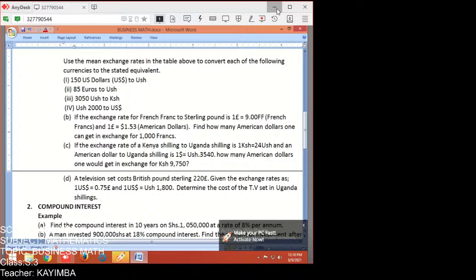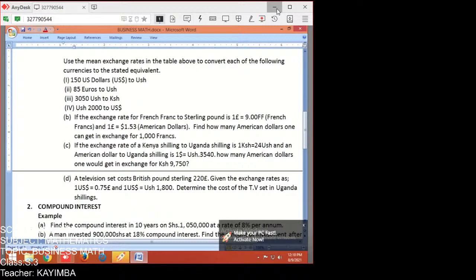$1.53 US dollar and 1 pound sterling, 1.53 US dollar. Okay, so now what are they telling us to change?